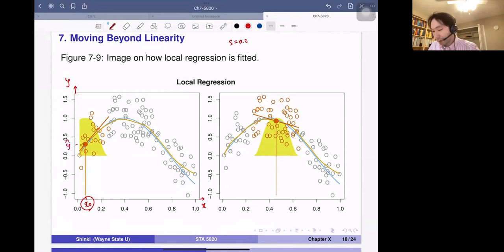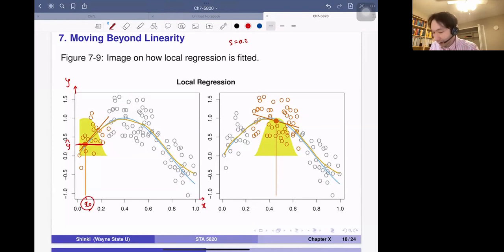Once you have picked the 20 closest observations to x naught, we give weight. Then we fit a straight line. The simplest case is to fit just a constant for these 20 observations, so just the local average, but the local average may not be optimal.